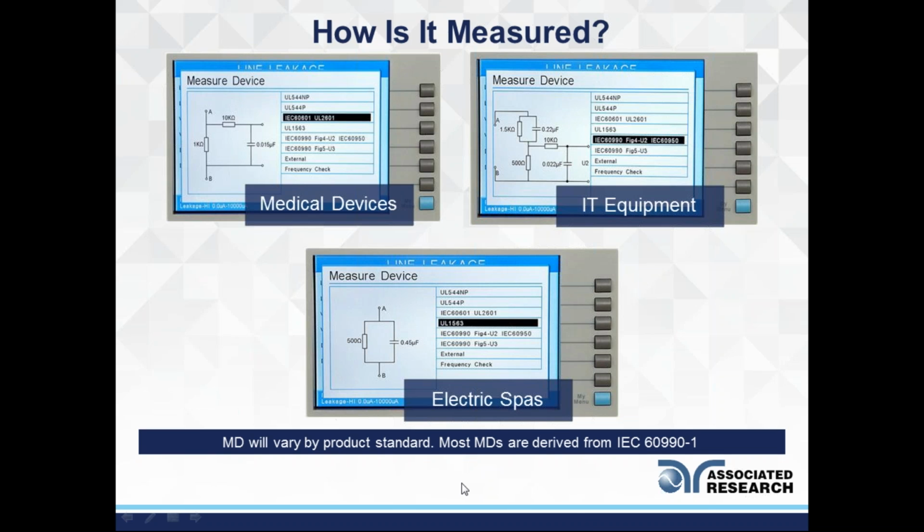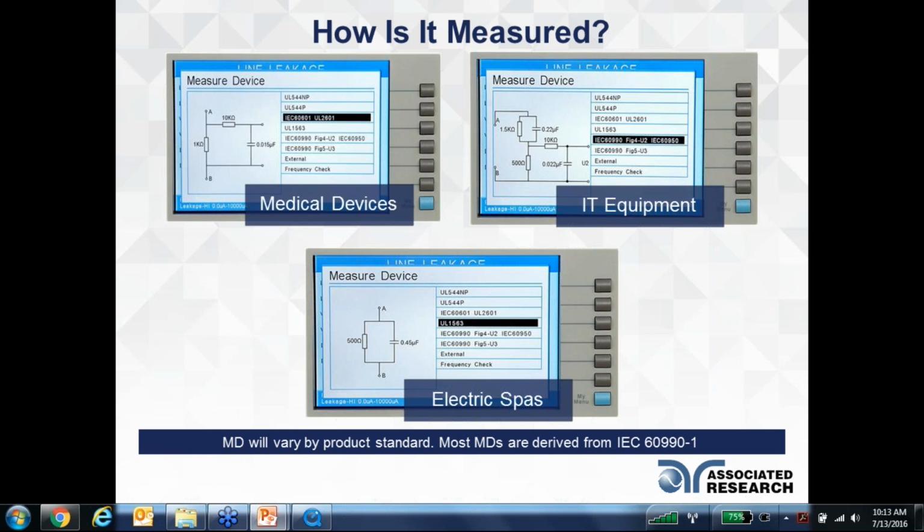These are probably the most tested standards, which is why we supply these measuring devices. We have IT equipment, electric spas, medical devices, usually hospital beds. Those types of things are what this testing is geared towards.